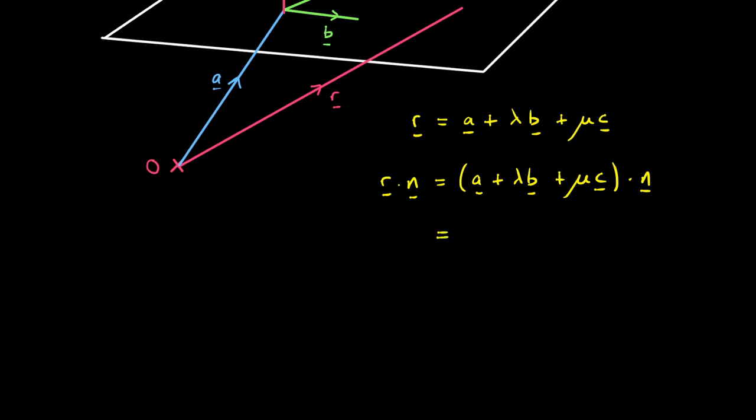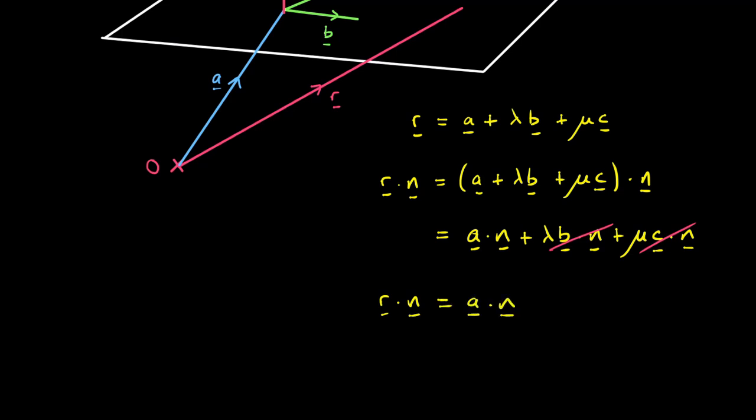So I can kind of treat it like I'm expanding the bracket. So I get a dot n plus lambda b dot n plus mu c dot n. Then what's going to happen is, well, we know that those two guys are 0. Okay, so now what I'm left with is r dot n is equal to a dot n.